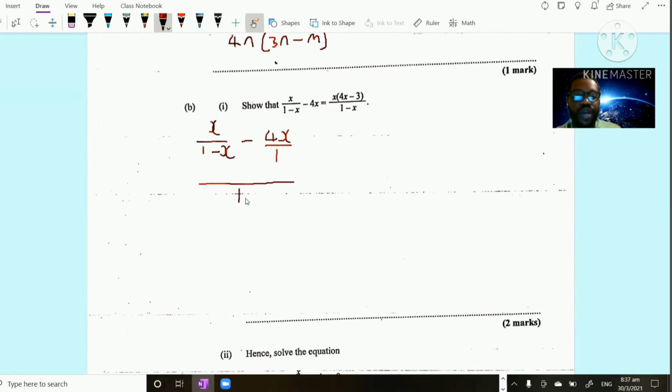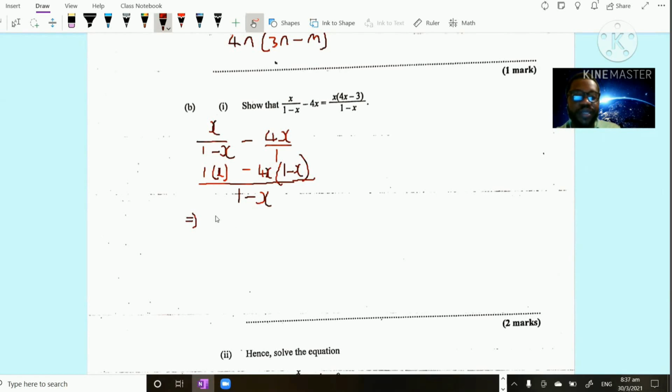Of course, it's going to be 1 minus x. Now, 1 minus x into itself is 1, and I'm going to multiply by numerator, which is x by 1. So I'm going to have 1 times x. All right, 1 into anything is a thing. So you have 1 minus x times your numerator, which is 4x. So we have 4x, open bracket, 1 minus x. Now, normally, once you do that, we simply simplify the numerator.